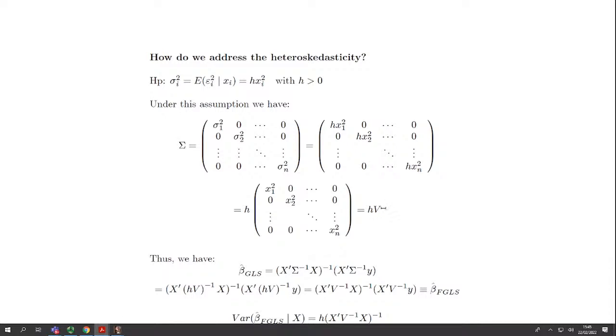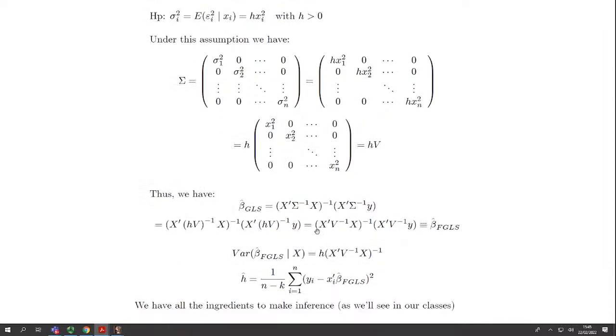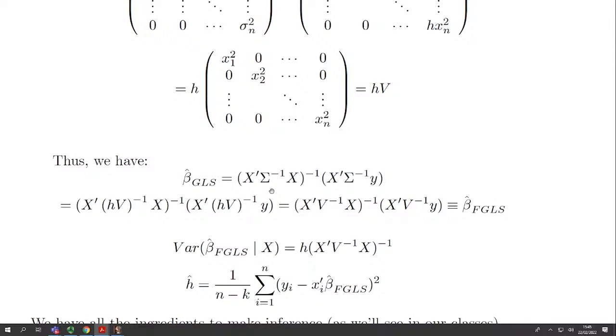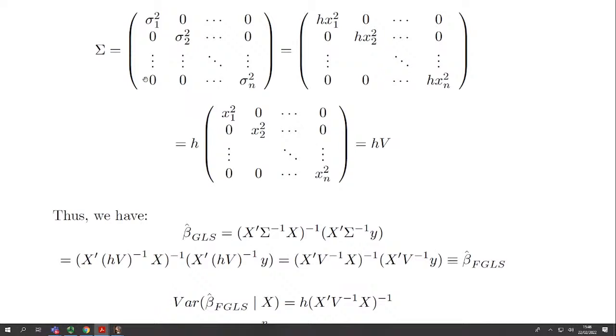Okay, guys? And now we get some fun. Let me come back to the expression of the GLS estimator I had before, which was not computable because we don't know the variances. The natural thing to do is to replace the big sigma with this expression. We know the big V matrix because we have data inside it.